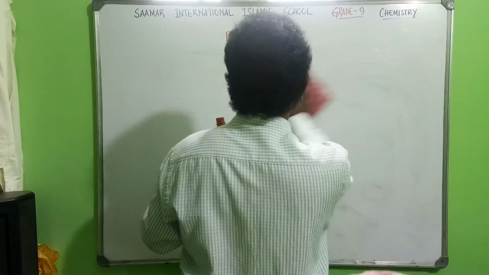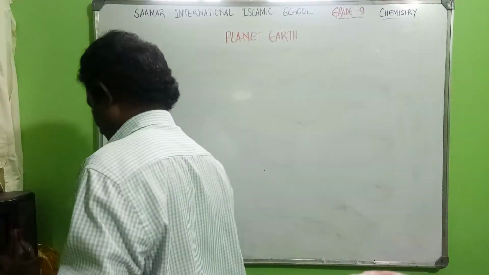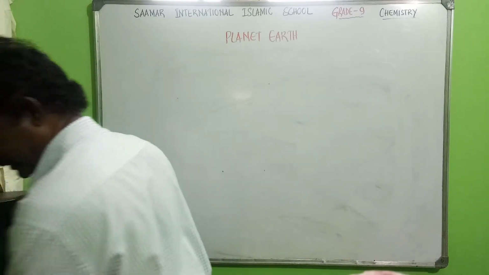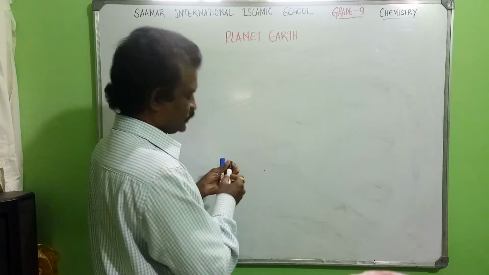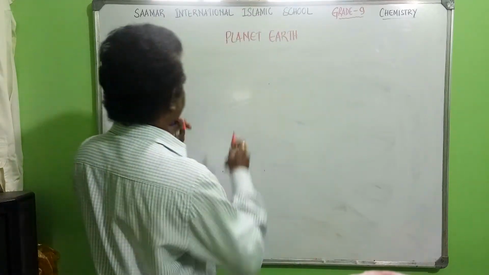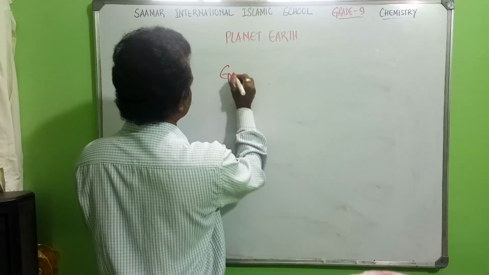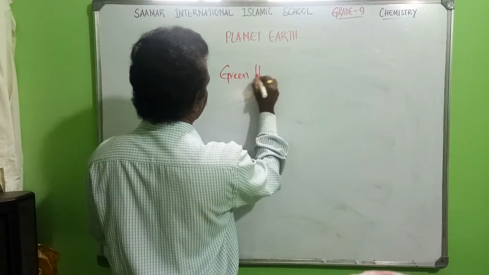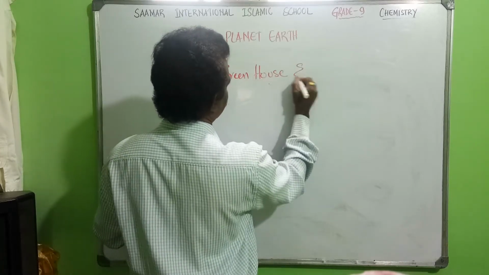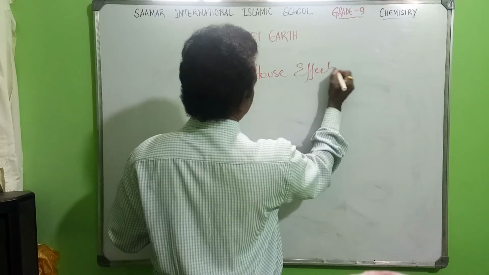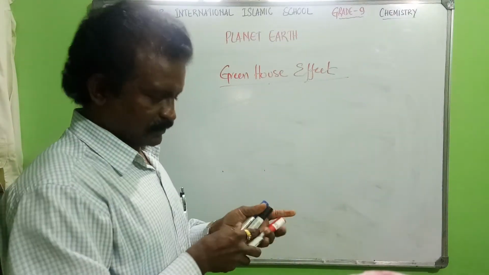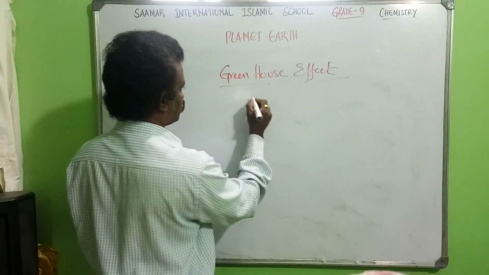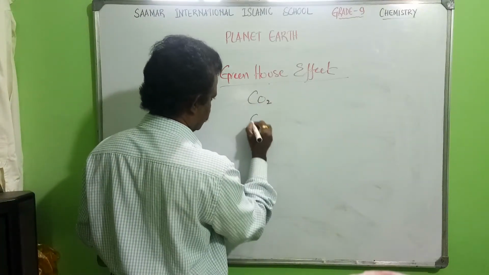From where the methane is coming out, from where the carbon dioxide is coming out, we will discuss. Now I will write greenhouse effect. To cause this effect, which are the gases responsible? The gases responsible for this are carbon dioxide and methane.